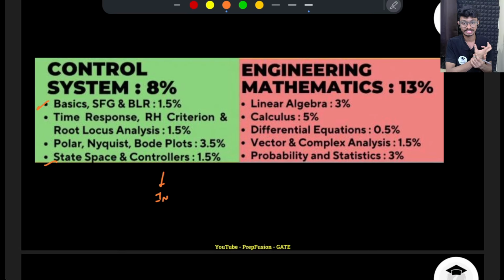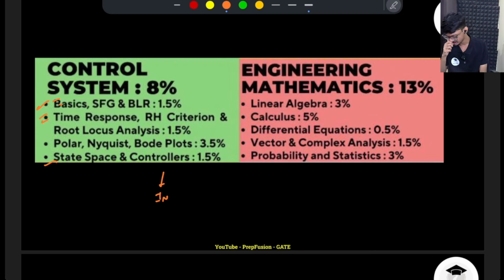You will use the basics of control systems, whatever you learn in time response in basics, and then you will use that in controllers, or whatever you learn in frequency response you will use that in controllers. So there is a mixed question which involves two topics. So that is the thing over here basically.